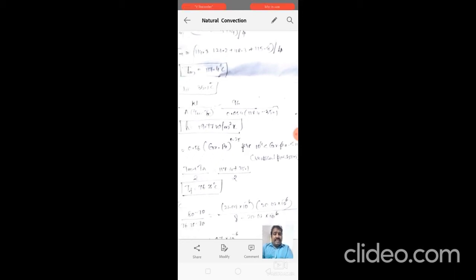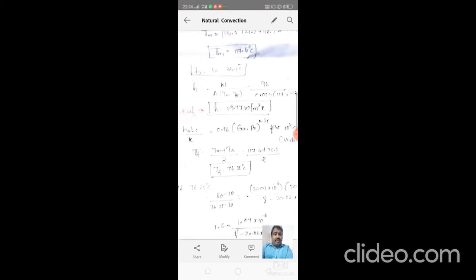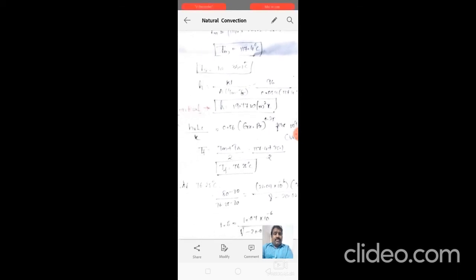This is for the vertical position. Then the film temperature Tf is Tm plus Ta divided by 2, that is 117.4 plus 35.1 divided by 2, so Tf is equal to 76.2 degrees centigrade. This is the film temperature.